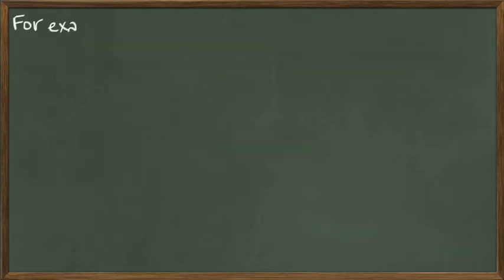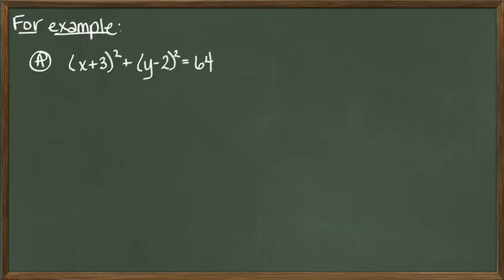So in practice, how do we actually do anything with that? Well, we could be asked to define transformations, right? (x plus 3) squared plus (y minus 2) squared equals 64. Well, looking at that, I know that it's a circle that's been moved left 3. Is it up or down? That's the question.